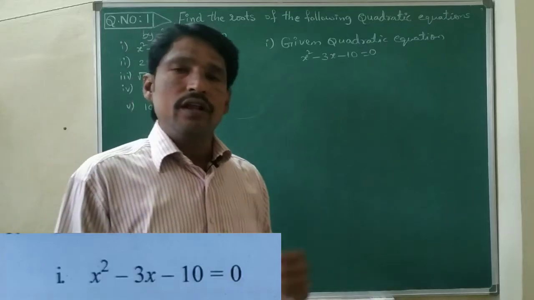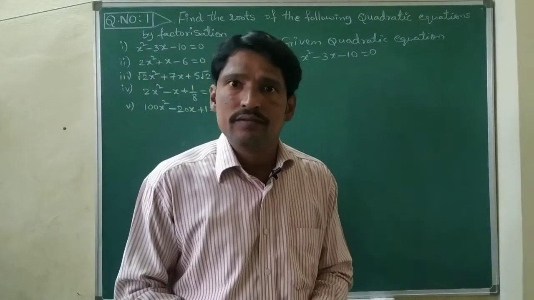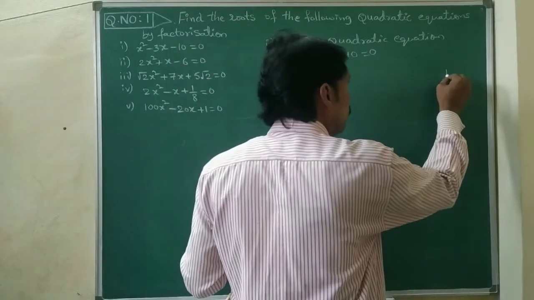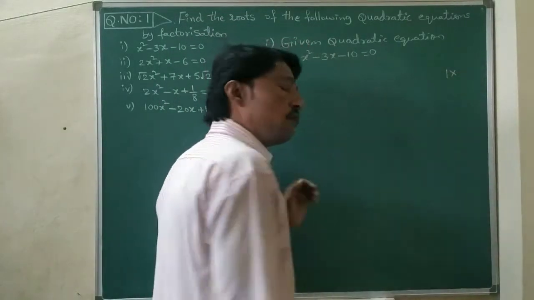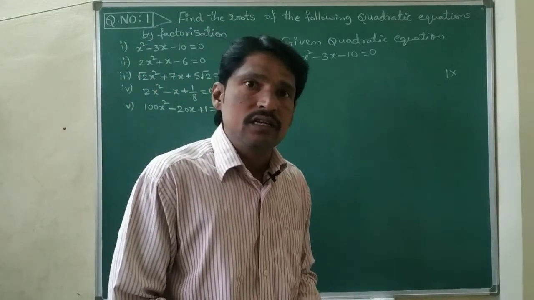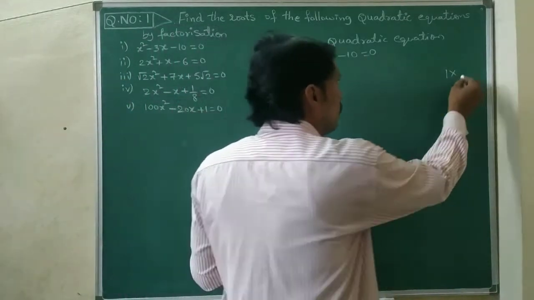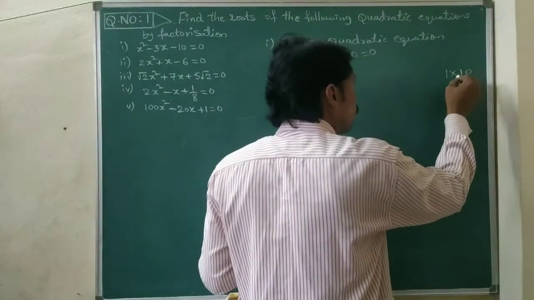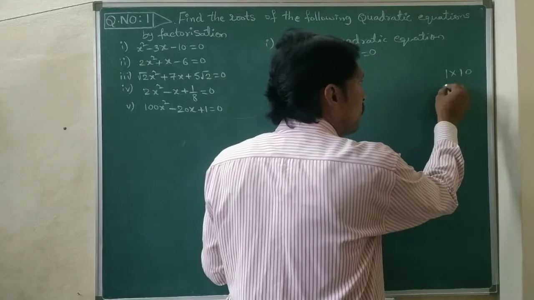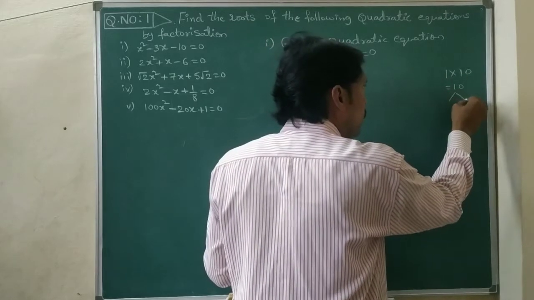In this, what is the coefficient of x square? Yes, it is 1. So take this number 1 into the constant without sign. What is the constant? Here it is 10. So the coefficient of x square and the constant term we need to multiply. 1 into 10 is 10. 10, how many ways can we write it?